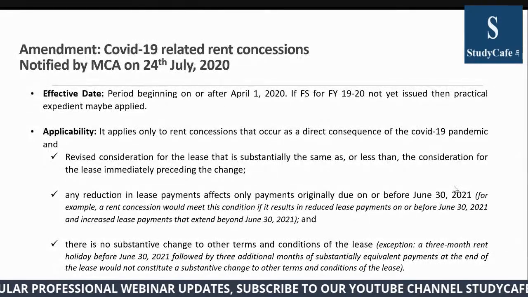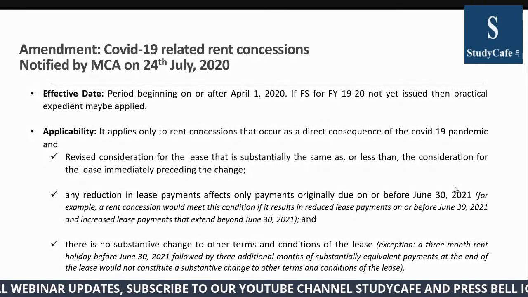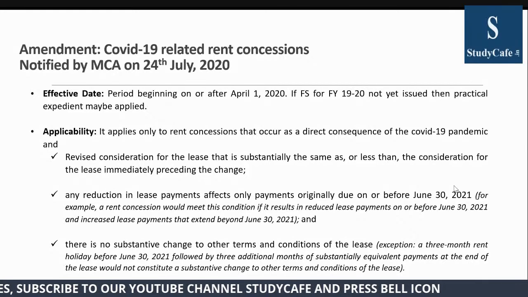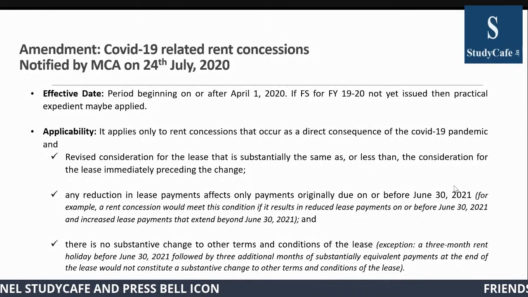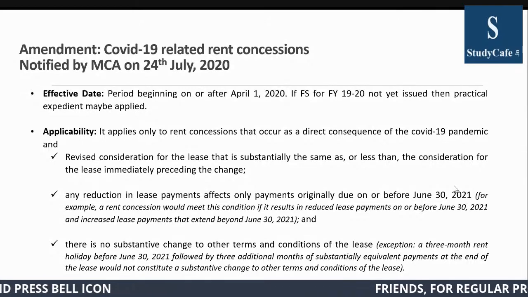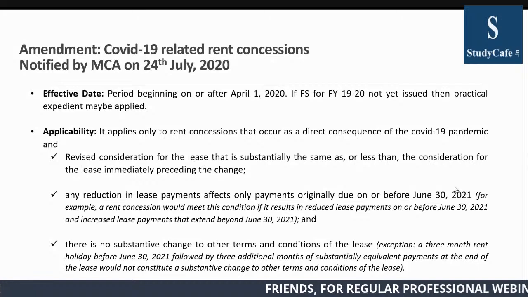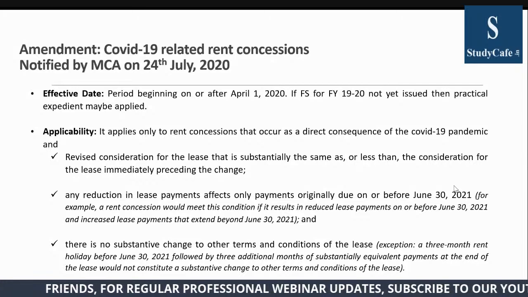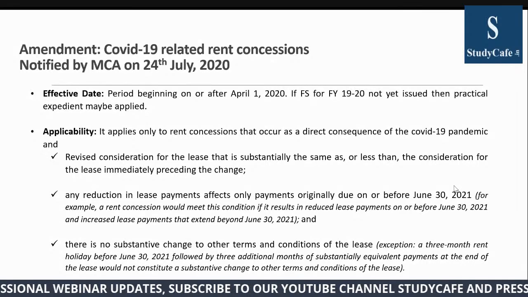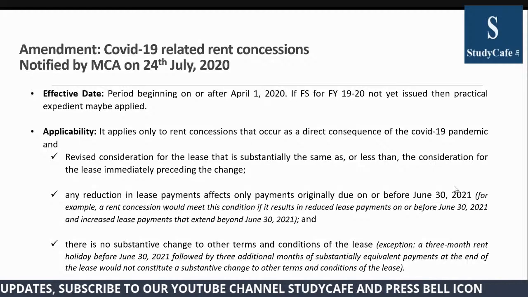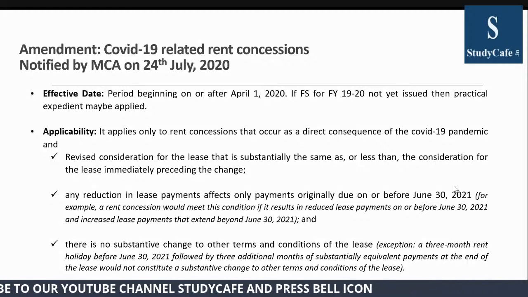First, they are saved from the extra effort of assessing whether a change in consideration is a lease modification or not, because for companies which have a lot of lease contracts, it is a very hefty task to assess whether a change in a particular contract is a lease modification. So they are saved from this effort, and also an additional benefit in the P&L has been given.